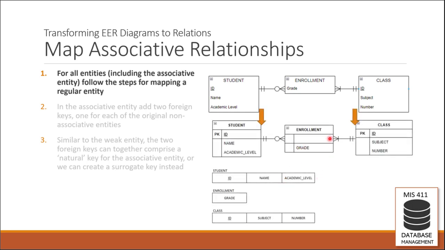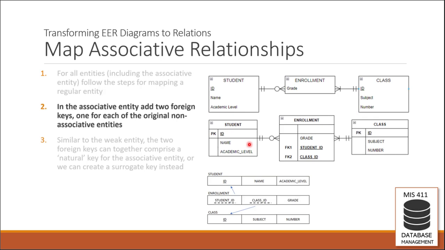And I think at this point it's probably become familiar enough that I don't need to go over how that all works. In step 2, what we're going to do is we're going to add 2 foreign keys, one for each of the original non-associative entities to the associative entity, right?